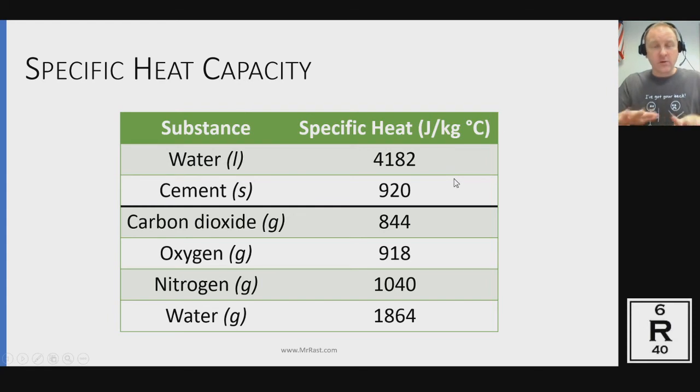But for 4,000 joules that are given to the air to warm it up, a kilogram of water would change by 1 degree Celsius. However, if 4,000 joules was given up by the cement, it would change by 4 degrees Celsius. So what happens is, at night, the cement cools down much faster than the water, and during the day, the cement warms up much faster than the water.